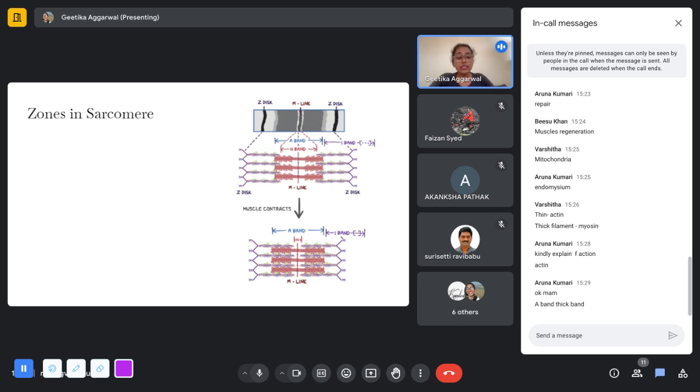So basically, what is the H band? You can actually take a look in the diagram also. That will give you a clue. What is the H band? Anyone?